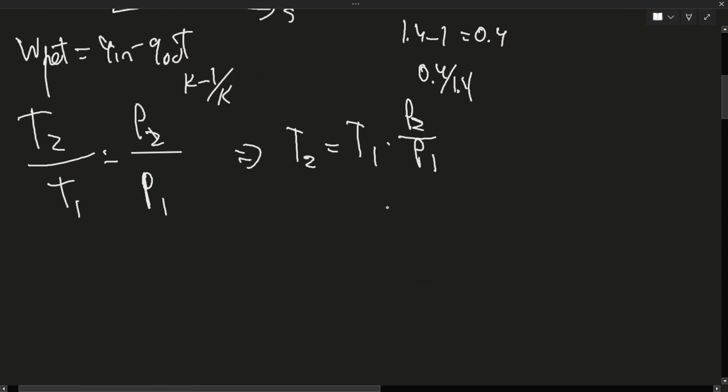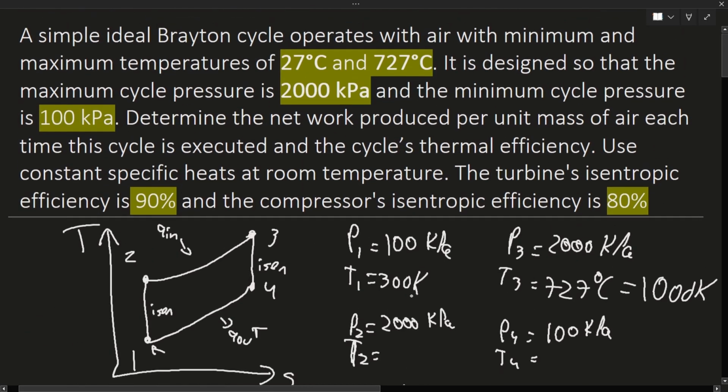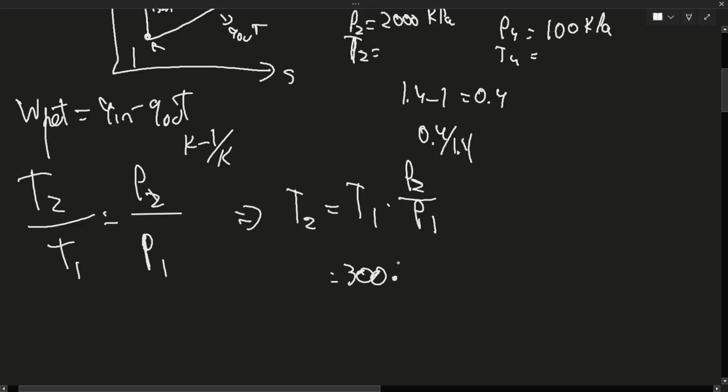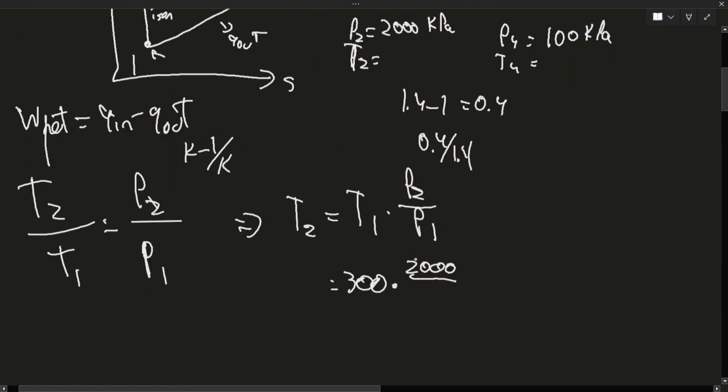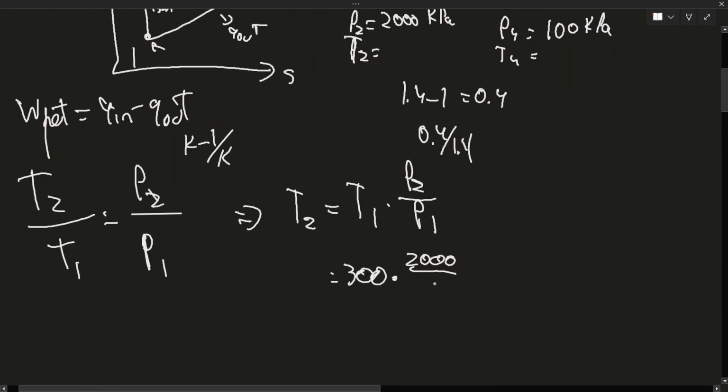T1 is equal to 300 Kelvin. P2 is 2000 kPa, and P1 is 100 kPa. If you plug this into your calculator, you should get about 706.1 Kelvin.